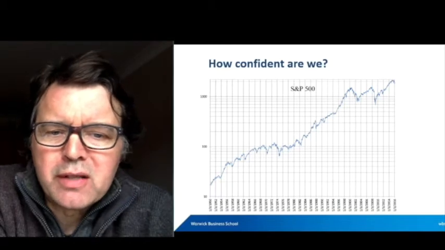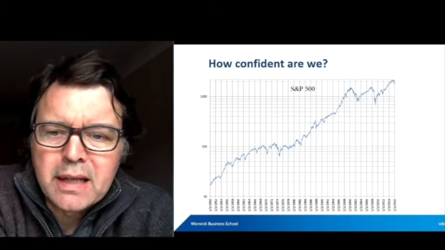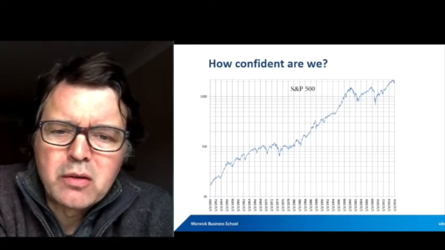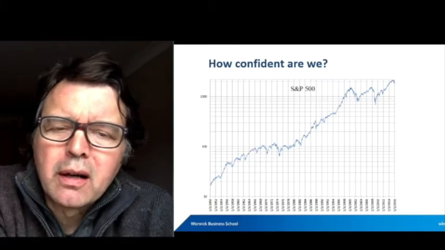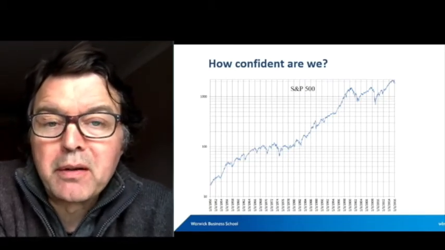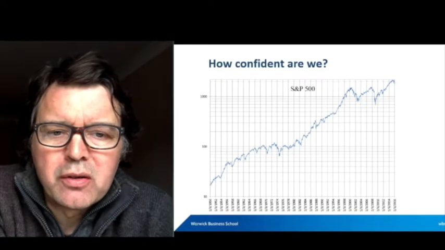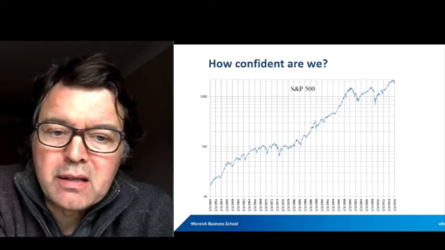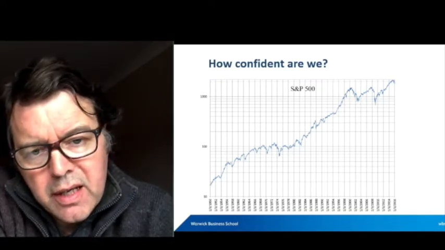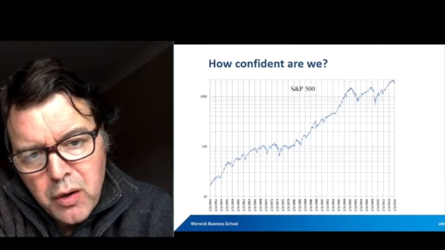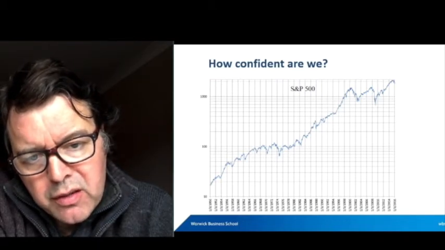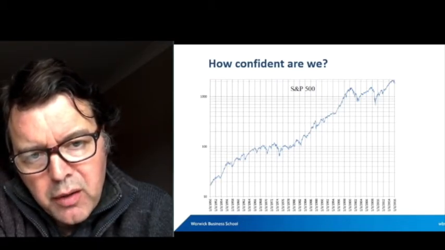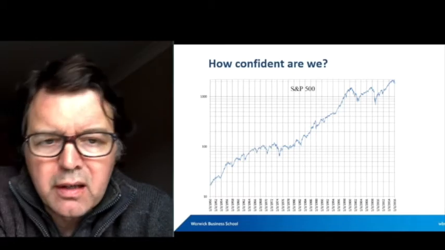But you can also see that there's a lot of variability. The stock market goes up and down a lot in fairly short periods of time. And also there are some pretty big drops in the stock market. You can see there's one around 2002 and another one around 2009.